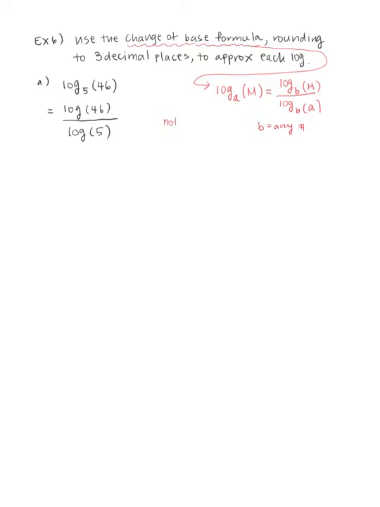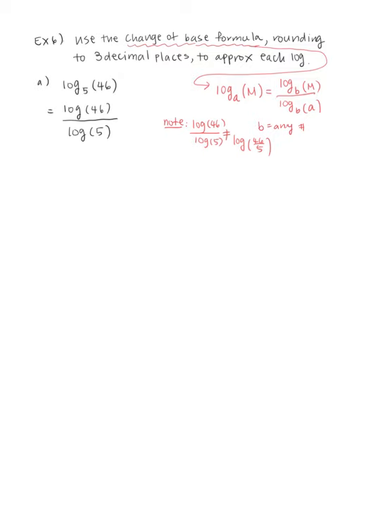So please note, I'm going to write something that is completely illegal. Note that log of 46 over log of 5 does not equal log of 46 over 5, by the way. So be careful, they're not equal to each other. Alright, anyways, let's keep going.